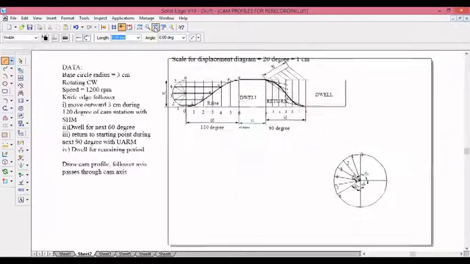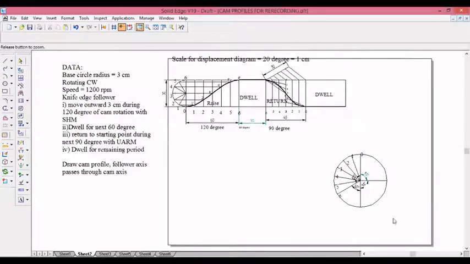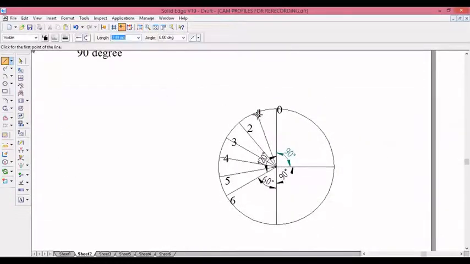Extend these radial lines further, beyond the circle.